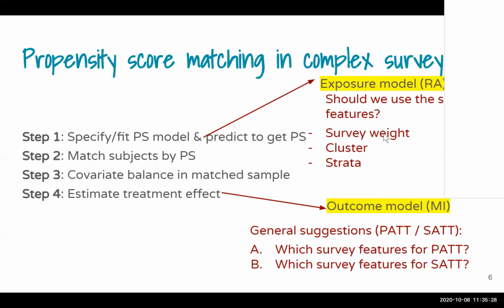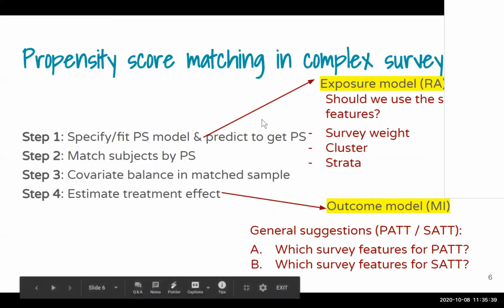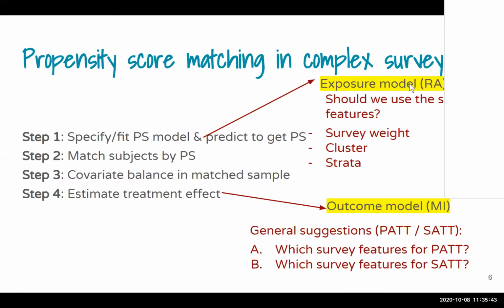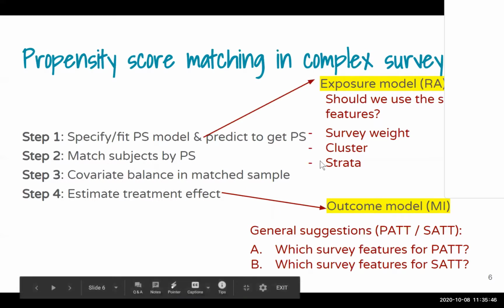But one other thing that we have learned is that cluster and strata should be included in a general regression to get the correct variance. But we have two different regressions in a propensity score analysis. One is the exposure model, one is the outcome model. What about this strata and cluster, or even weight?